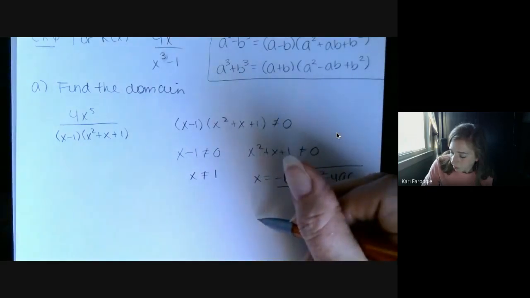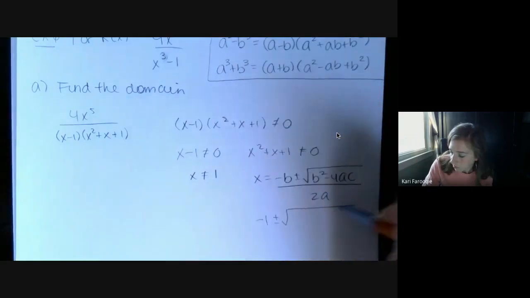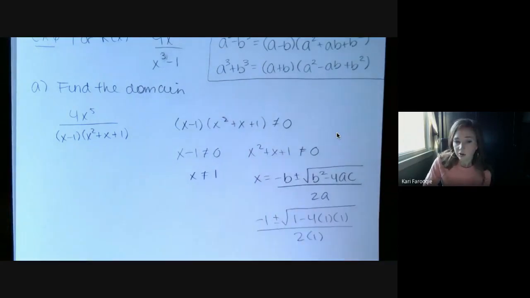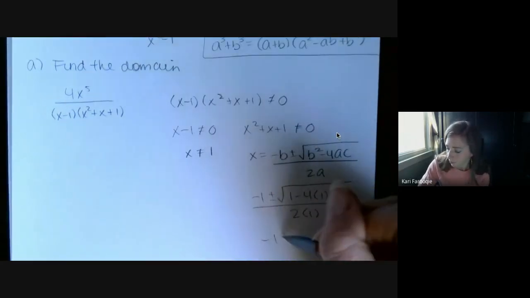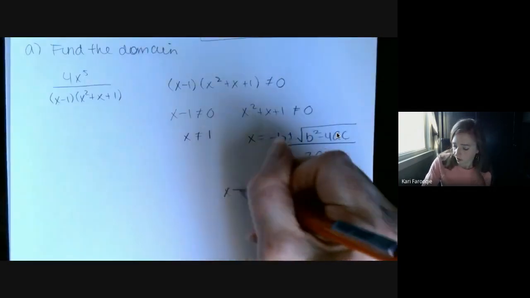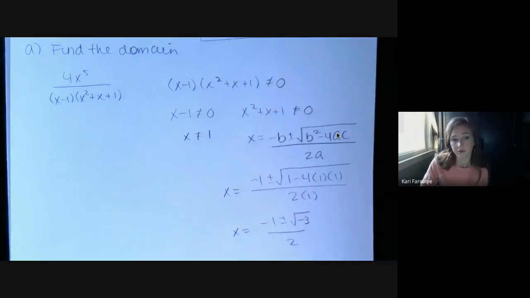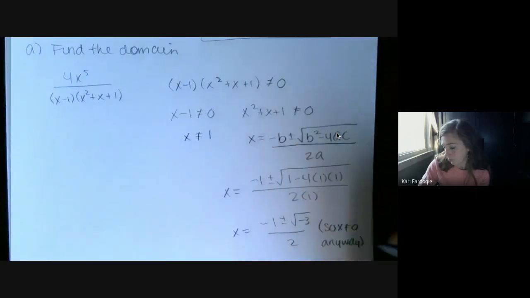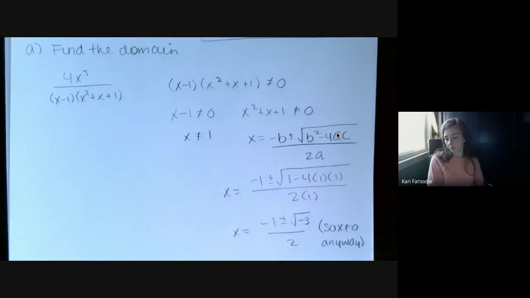You'd be looking for, let's see, negative 1 plus or minus the square root of 1 minus 4 times 1, divided by 2 times 1. Notice that the radicand would be negative 3. So in this case, you're not going to have any values of x such that your polynomial would be equal to 0, I should say.